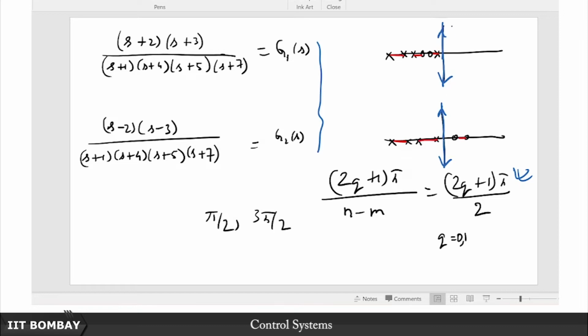In other words, only when I am at the periphery of a large enough circle can I say, yeah, this 90 degree and this 270 degree, these are the asymptotes, and this is a fairly accurate representation of the root locus. But if your radius is not very large, if you are actually close enough, if you have drawn a circle like this, then this asymptote and this asymptote are very inaccurate.